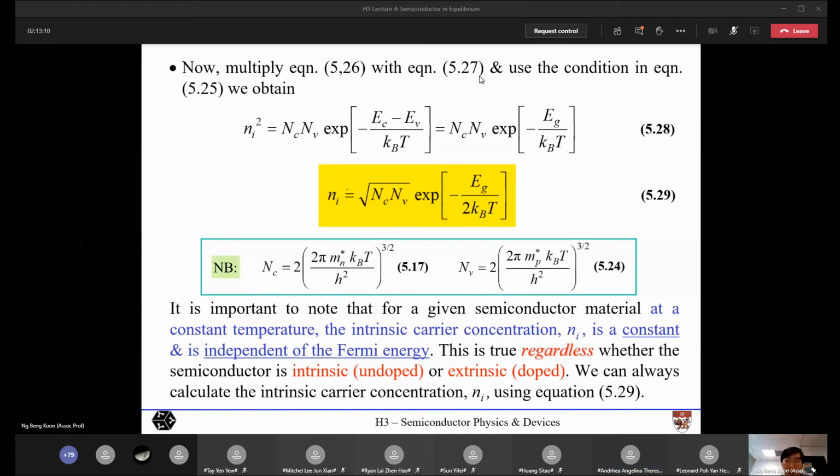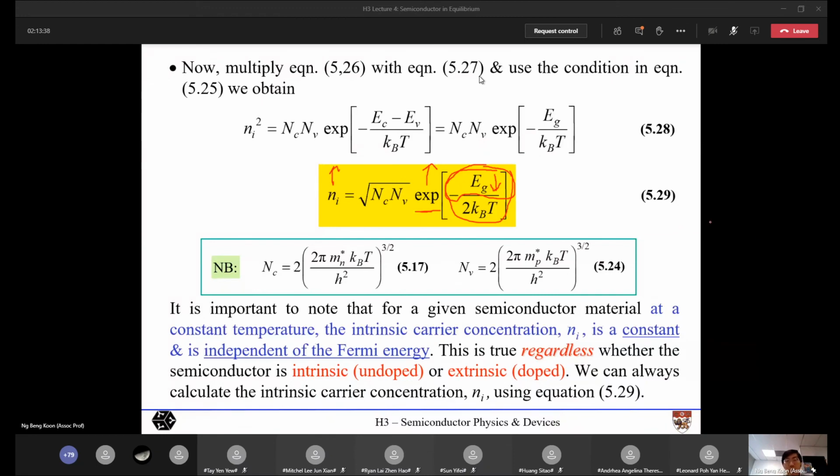And if you analyze the equation, if your EG is small, it goes down. Notice that it's a negative value here. So if the magnitude goes down, this quantity in the exponential term becomes less negative, in other words, the value increases. Then the exponential value will increase, which implies that your Ni will also increase.